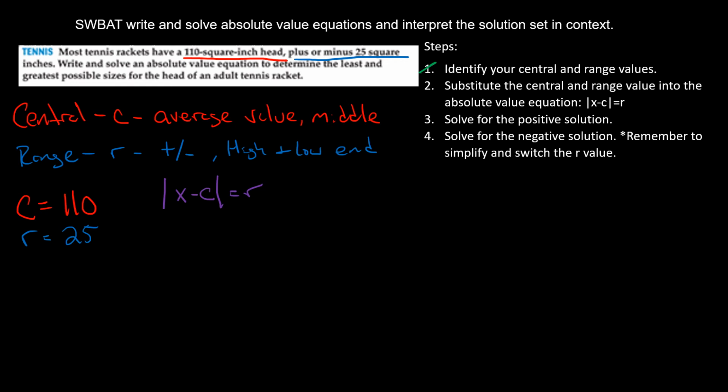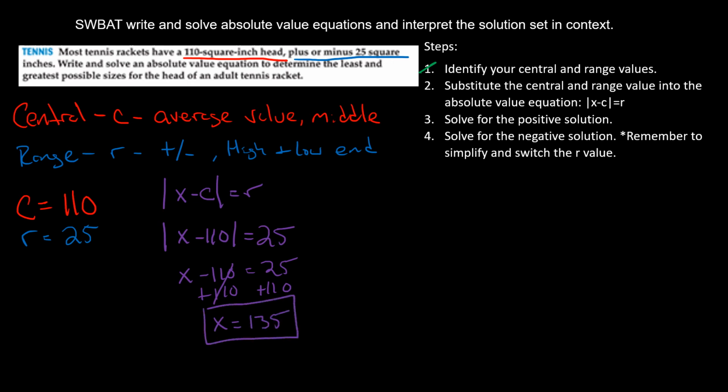We're going to say that the absolute value of x minus 110 is equal to 25. When we solve this, we just drop the absolute values and solve. So we'd add 110 to both sides, and we get x is equal to 135.